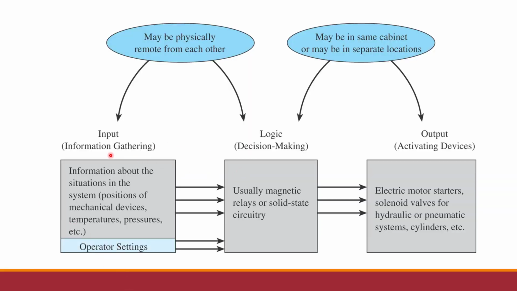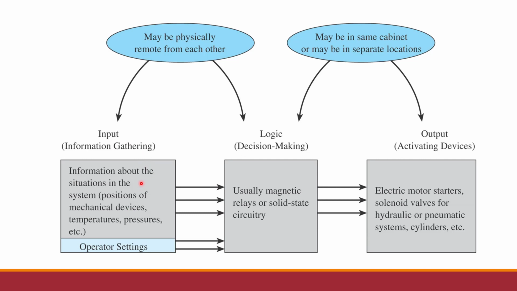One is going to be the input section, and next is the logic or the decision making or the processing. Sometimes this is called a CPU for central processing unit. And also we're going to have the outputs. So the functions of these devices kind of go like this.